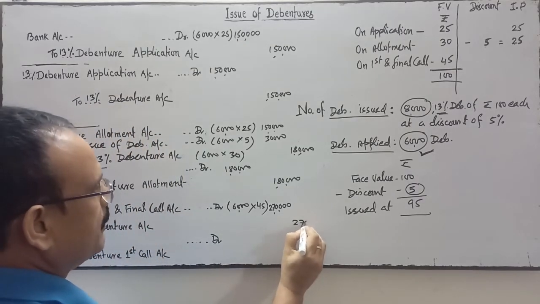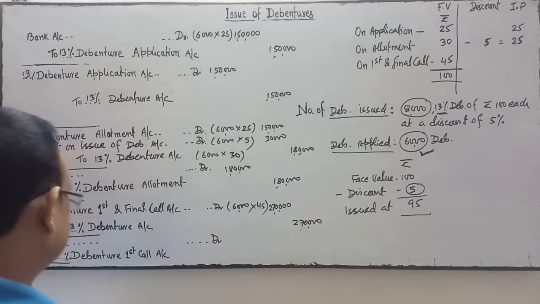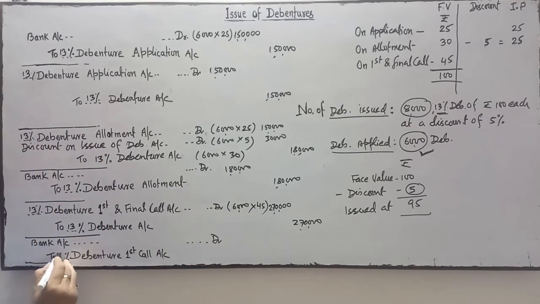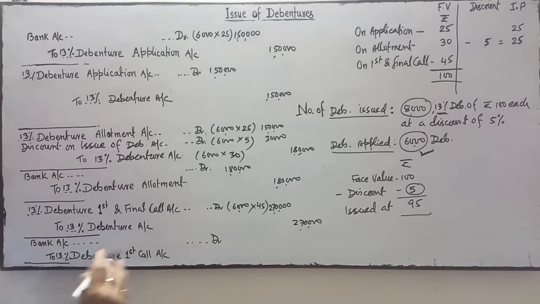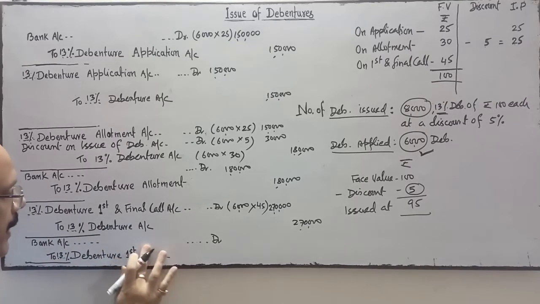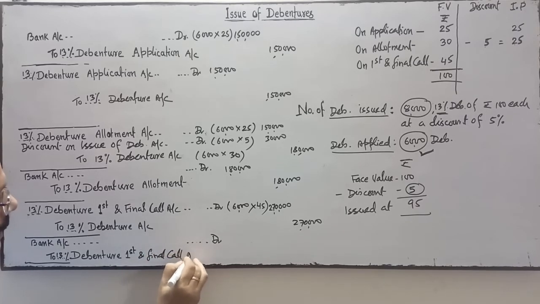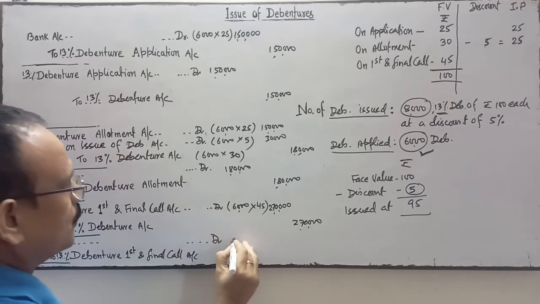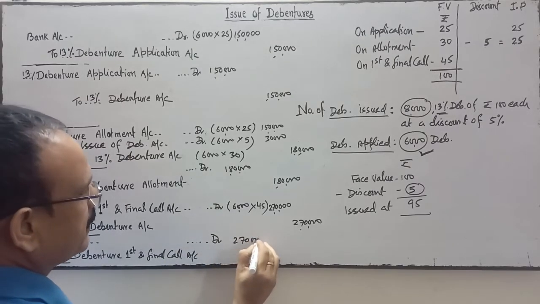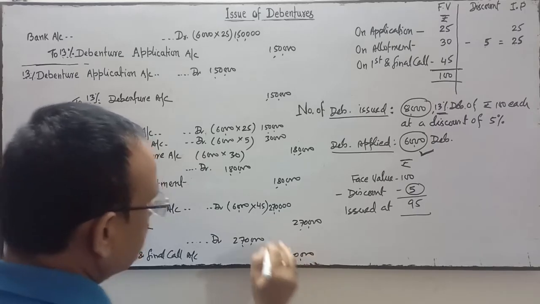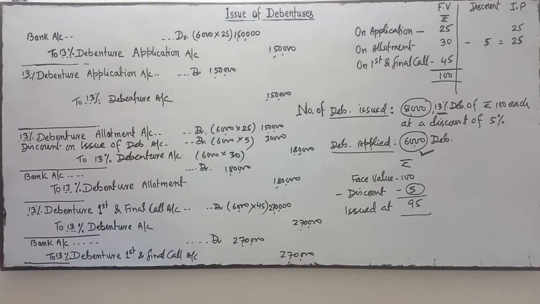It is due with the amount 2,70,000. And the next entry is bank account debit to 13% debenture first and final call, 2,70,000. This much amount we will receive.